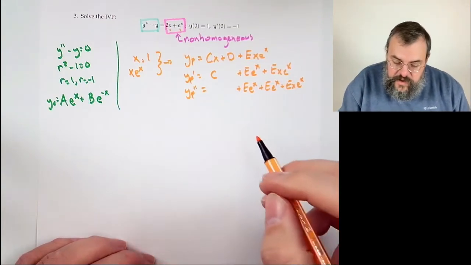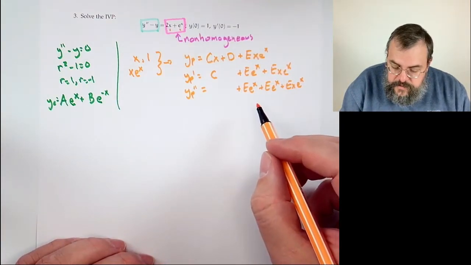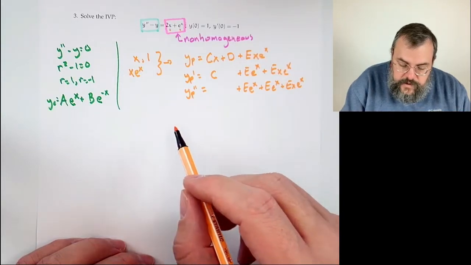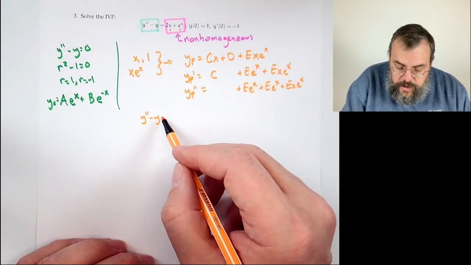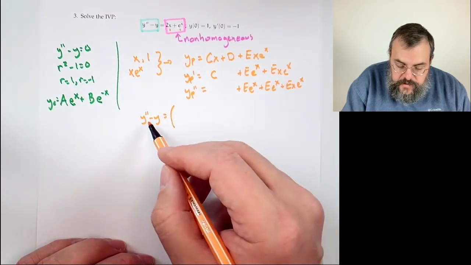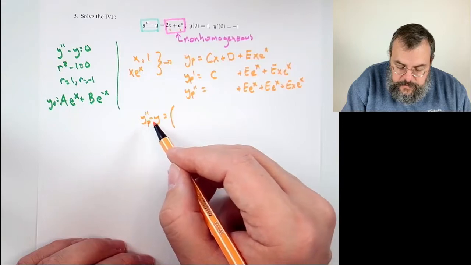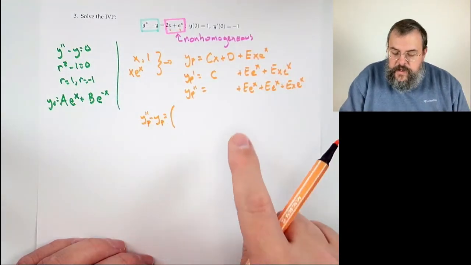Okay, great. Well, if we now write what is y double prime minus y, we'll do, again, emphasizing we're plugging in our particular solution.